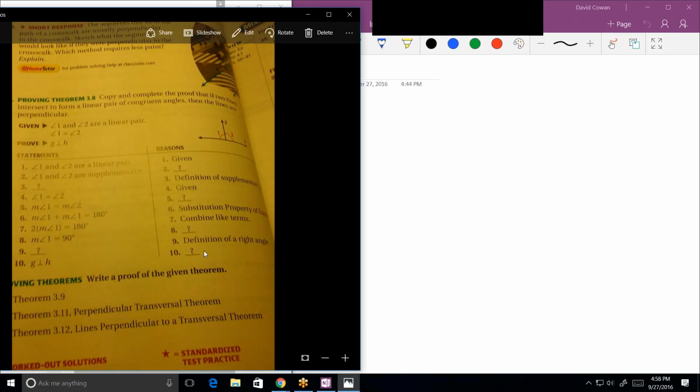I do remember looking in the book and seeing one particular theorem for when two lines intersect at right angles or are perpendicular, then it creates four right angles. And the reverse of that is also true. If you have one right angle, then those two lines are perpendicular based on that theorem.